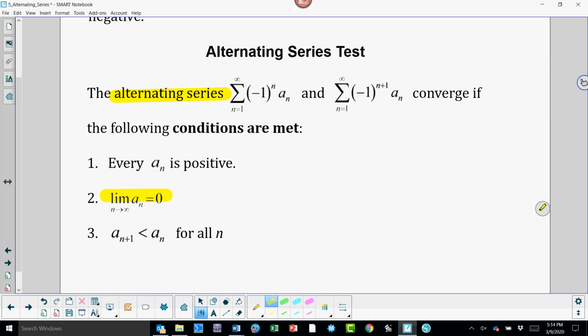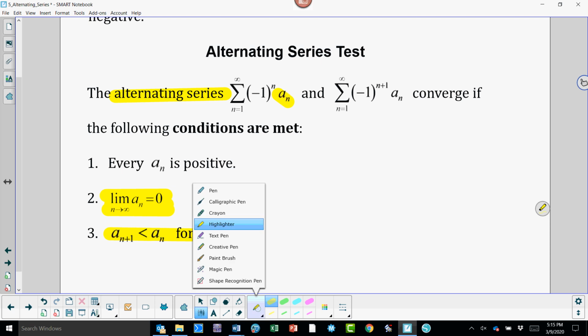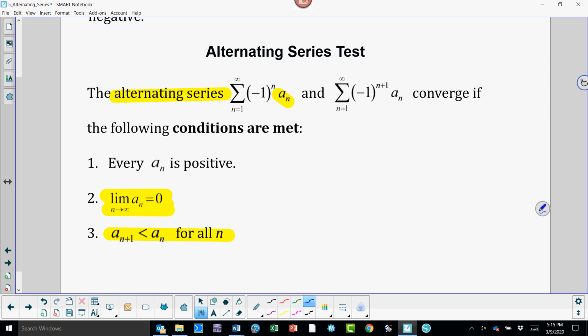If I take the limit of the a sub n, not including the alternator, notice that this part's a sub n, no alternator, if I take that limit and I get 0, and it's true that a sub n plus 1 is less than a sub n for all n, that means it's decreasing. a sub n plus 1 means the next term. So as I go to the next term, it's always less than the previous term. That's what this is saying.